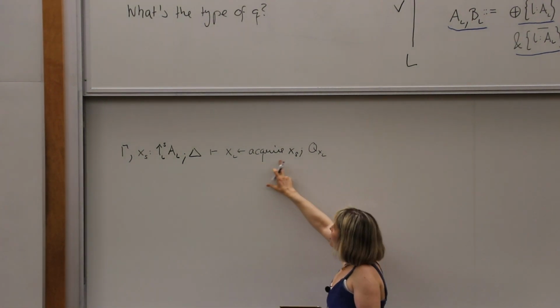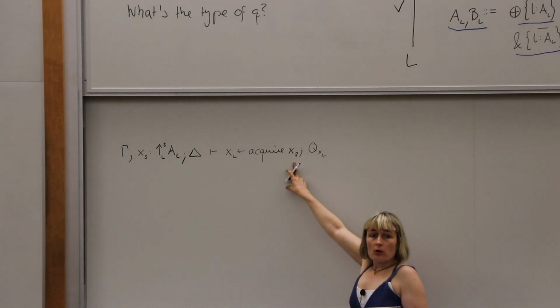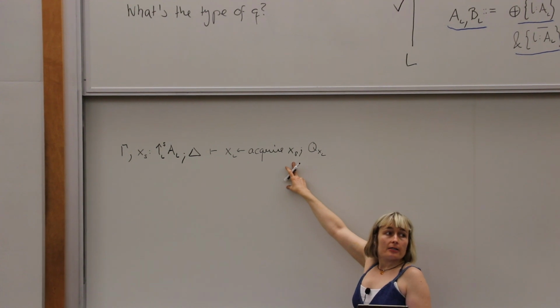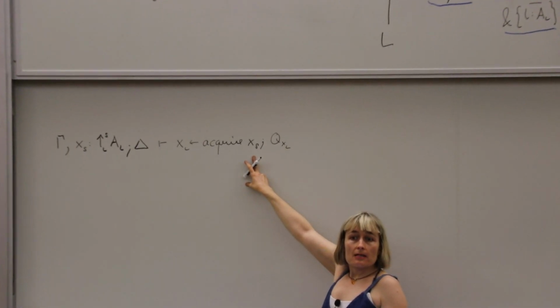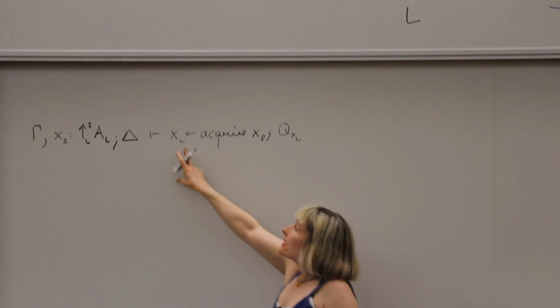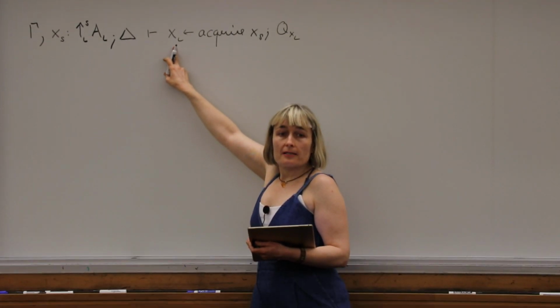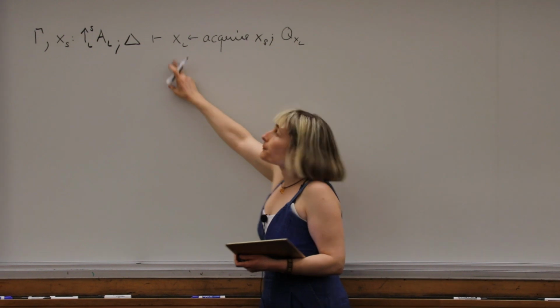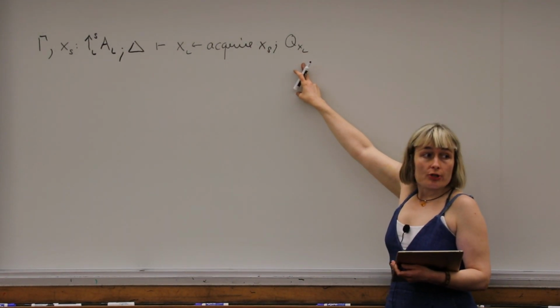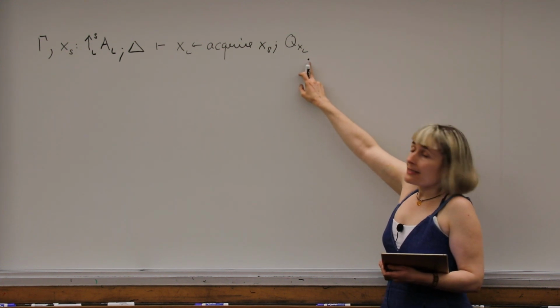We are trying to acquire the process that offers along the shared channel X sub S. If we are successful, we get back a linear channel that I refer to as X sub L. And then after that, we continue with our continuation Q that now binds X sub L.